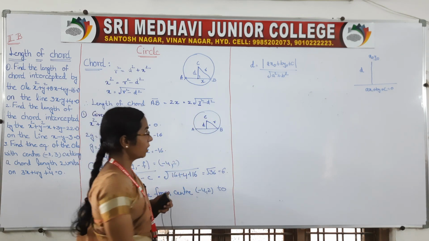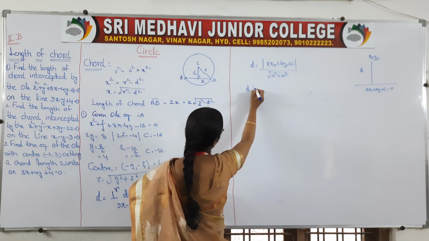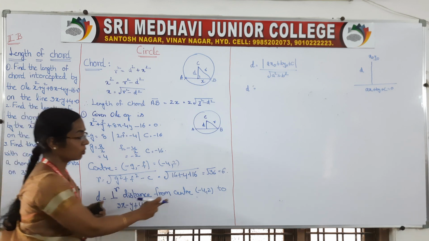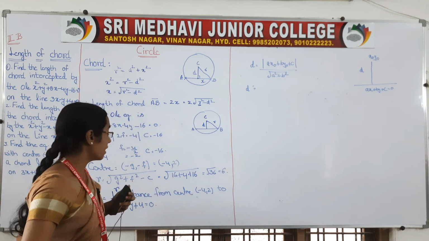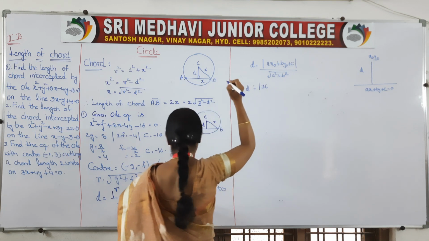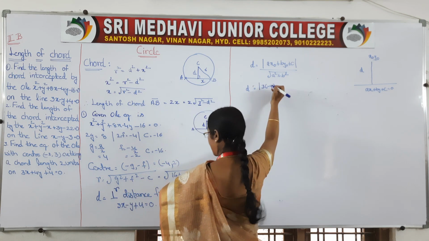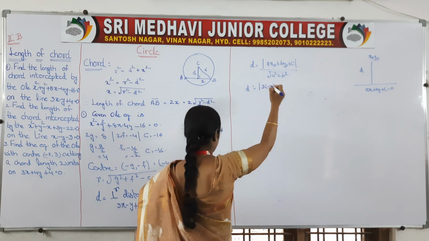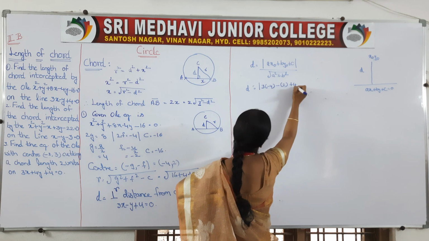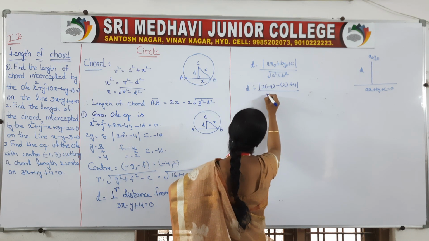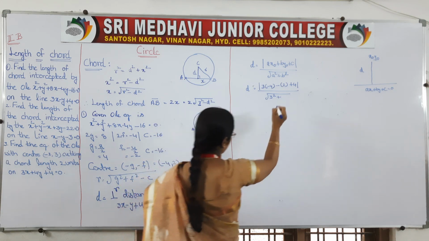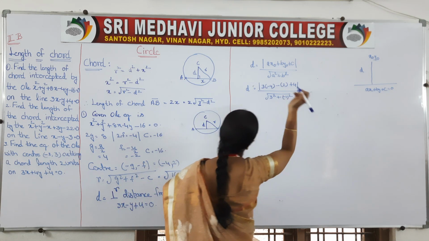So here you consider this is your ax plus by plus c is equal to 0, and this is your x naught, y naught. Substitute in the formula. It is 3 into x naught, minus 4, next minus y, that is 2, plus c, plus 4, divided by root of a square, 3 square, plus b square, minus 1 whole square.